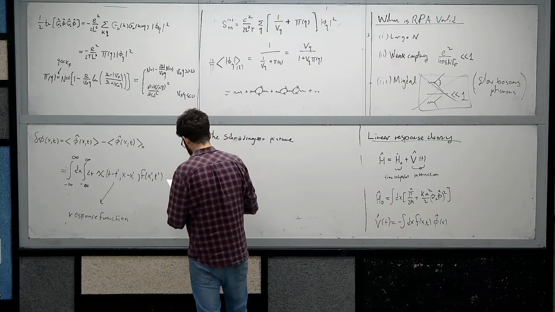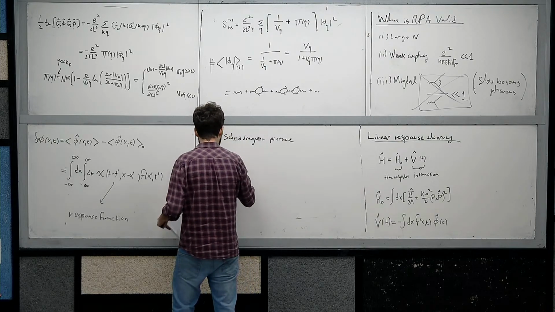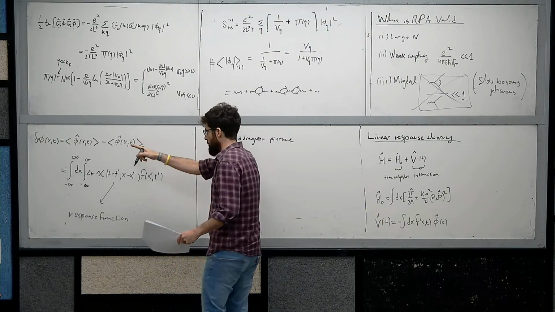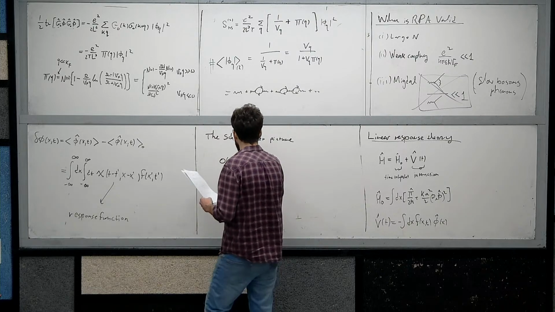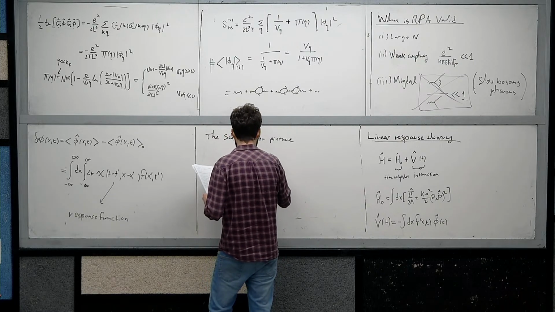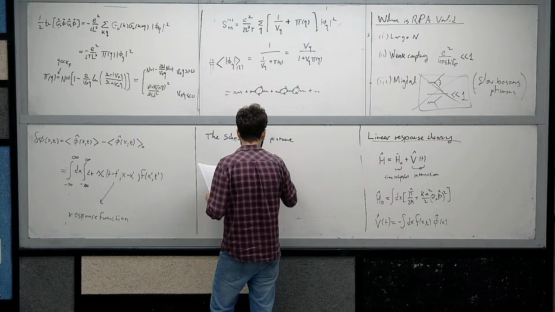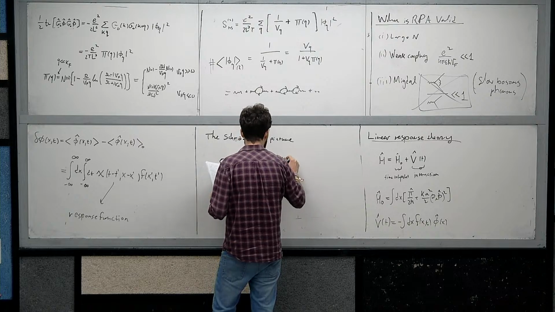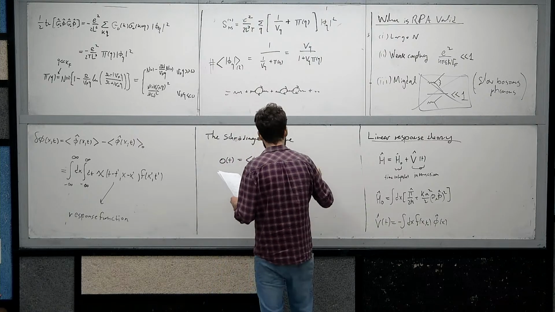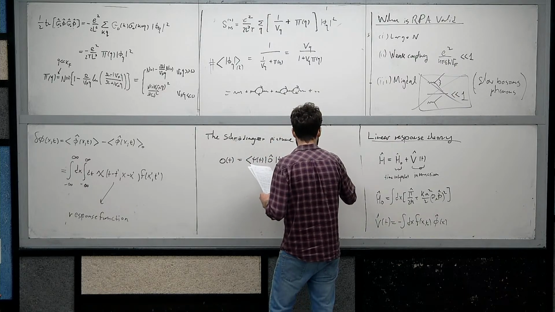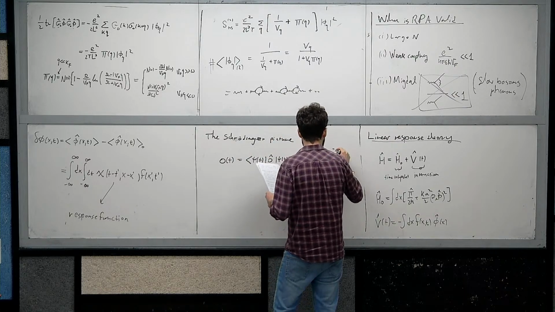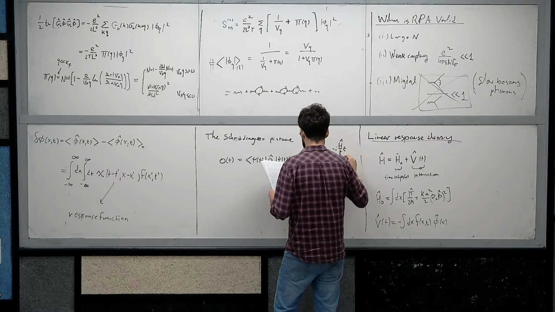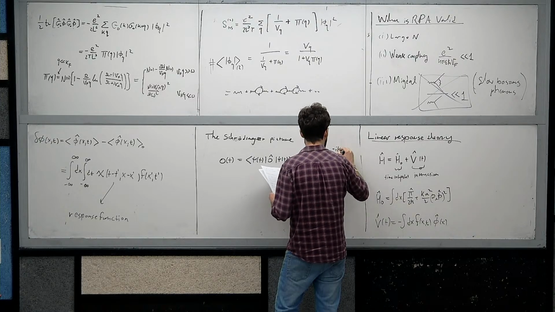An average over an operator is basically psi of t, O, psi of t. And psi of t is basically e to the minus iHt psi of 0, taking h bar to 1 because I'm tired.